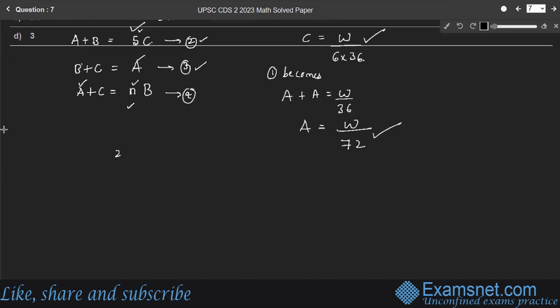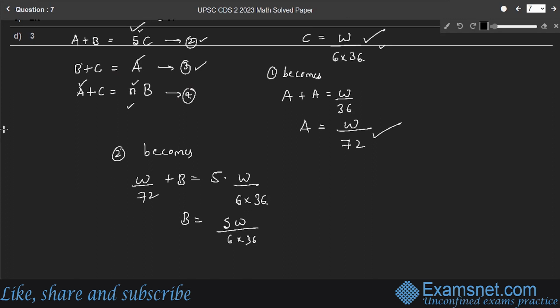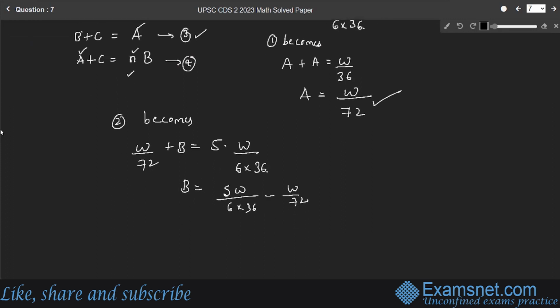So to find B, equation 2 becomes A is W by 72 plus the efficiency of B is equal to 5 times C, which is W by 6 into 36. Therefore, the efficiency of B is 5W by 6 into 36 minus W by 72.